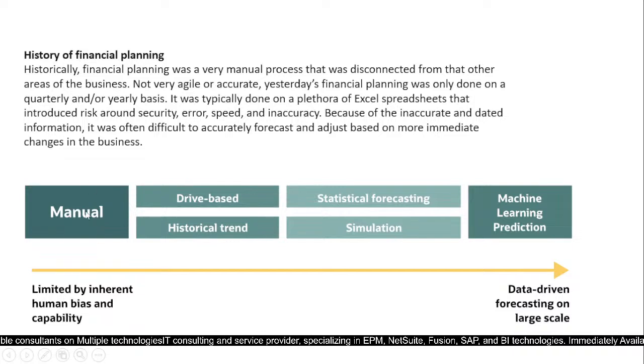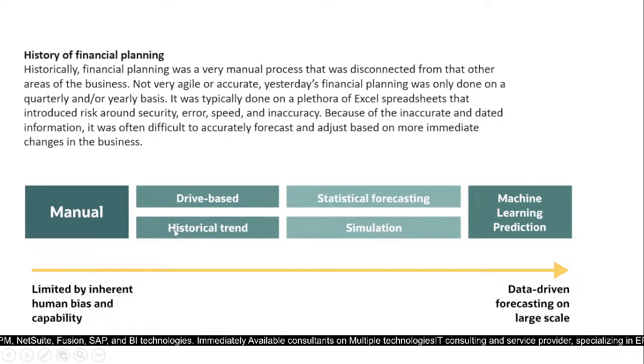Suppose we do this manually, as we have done in the historical time, so that can be driver based or historical trend. If we talk about machine learning predictions, it will be totally different, because it is not limited by inherent human bias and capability. When we do it in the application, it will be data driven forecasting on a large scale.